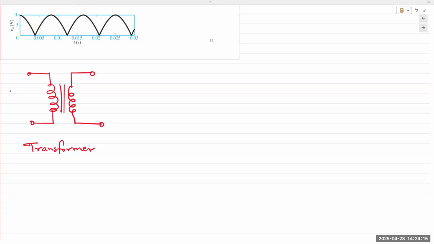Now, if you take a second coil and wind it around the exact same core, now the magnetic fields of both inductors are linked. Okay. The input side is referred to as the primary winding. The output side is referred to as a secondary winding.